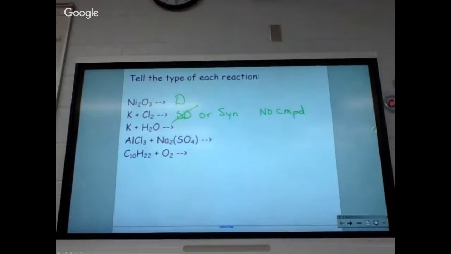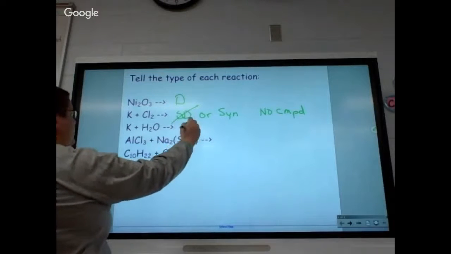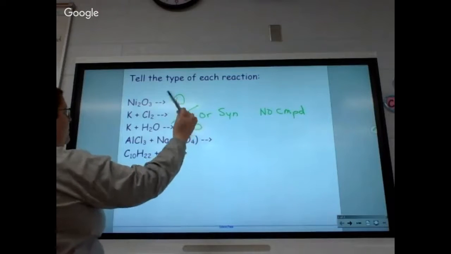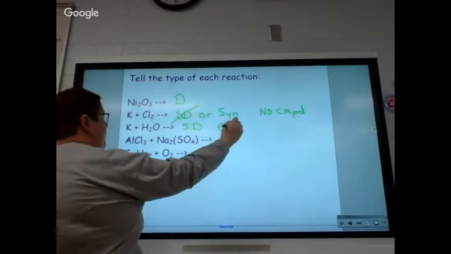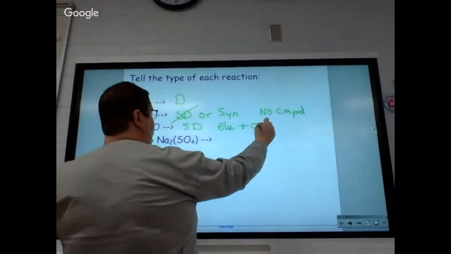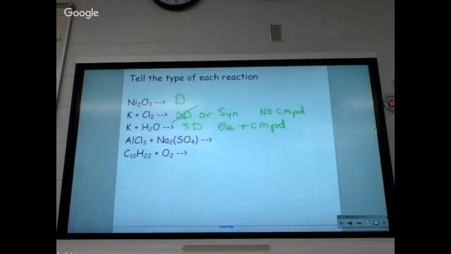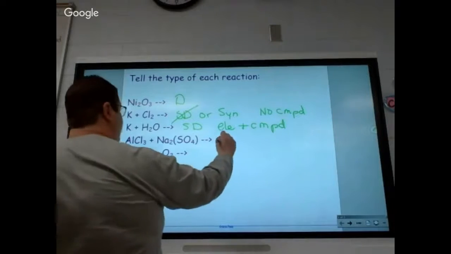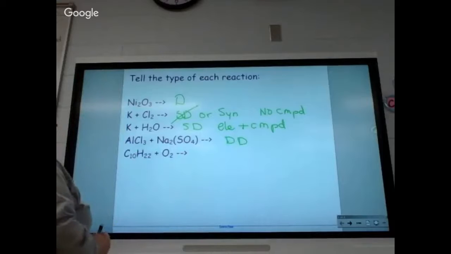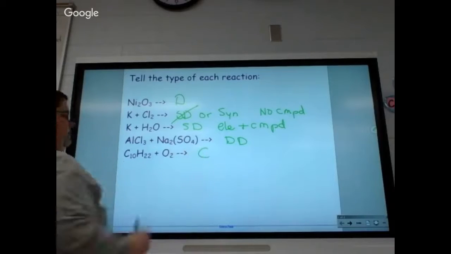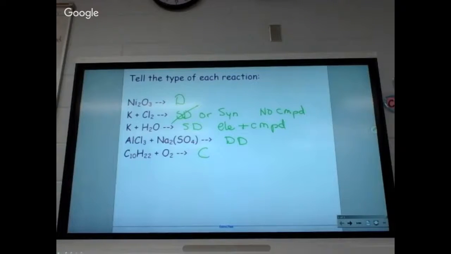Okay, what about the next one? That one's single displacement. How do you know it's single displacement and not synthesis here? Okay, it's an element plus a compound. Okay, what about the next one? That one should slap you. Double displacement. And what about the last one? Combustion. Okay, is everybody okay with that?